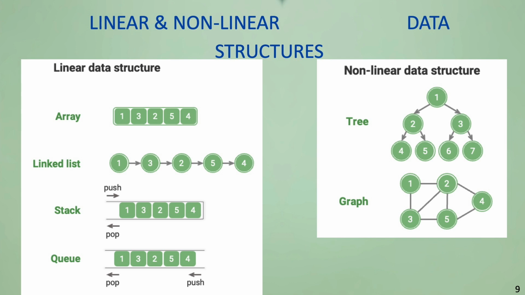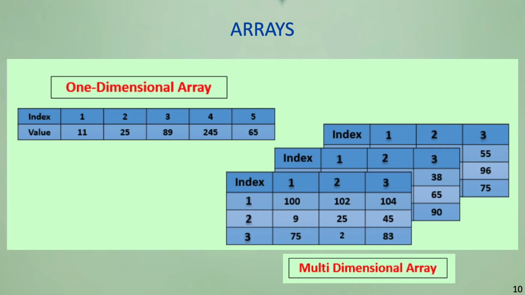And arrays are of different types, like one dimensional arrays, two dimensional arrays and multi-dimensional arrays. So, in arrays, in order to access a particular element, we may be using its index, and always an array index starts from 0. So, here for convenience sake, I have shown the array index to be starting from 1 to 5, just to indicate that it has 5 elements.